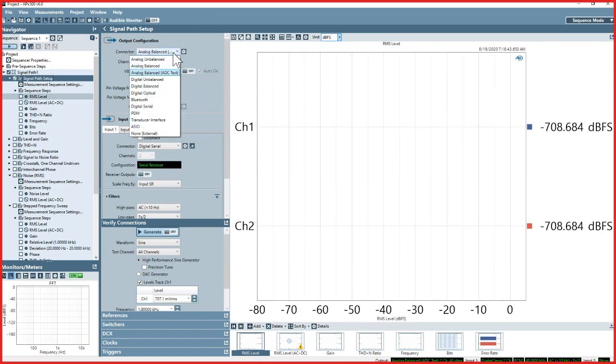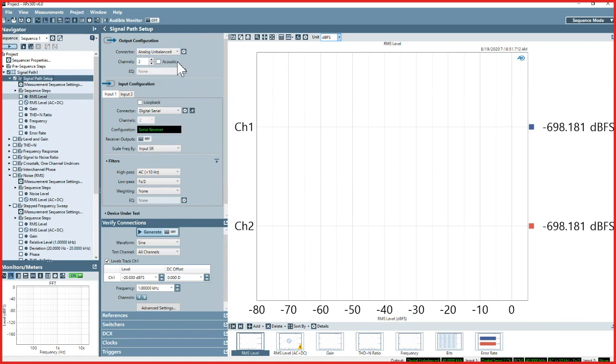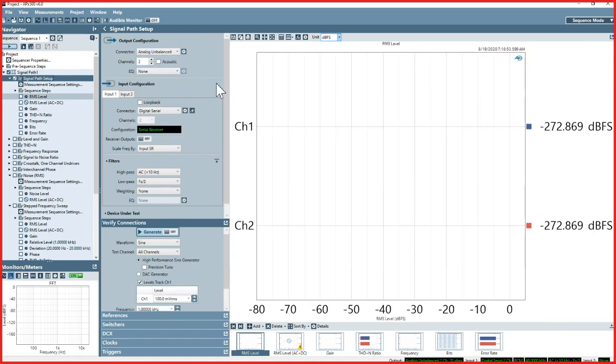And let's take a look, actually, first let's take a look at our ADC. So actually I want analog unbalanced output. And really for this particular device, I'm not going to change any of the default settings. My input is going to be digital unbalanced.